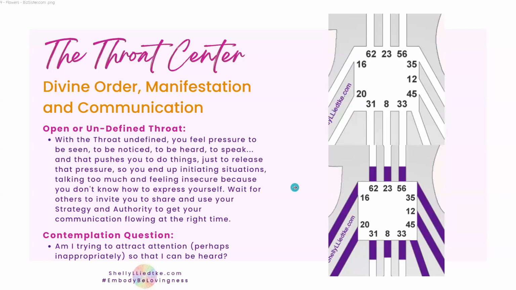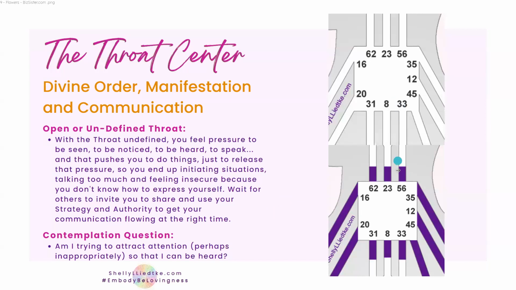It might be completely open, but I think there's at least 1 or 2 gates activated on her throat center. Maybe we could look up celebrity charts another day, but this would allow a person to speak on behalf of another.